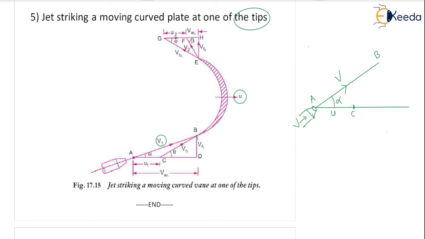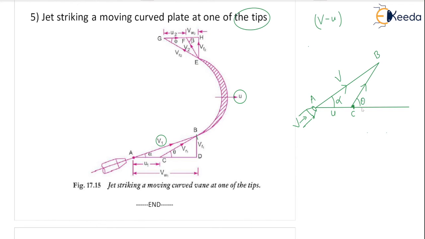Because both are moving in the same direction, the relative velocity is v minus u. So AB vector minus AC vector will give you CB vector. I join CB. This vector is your CB vector, and this is its direction.